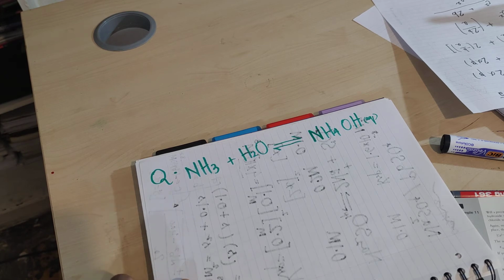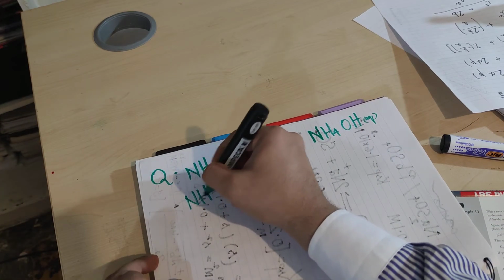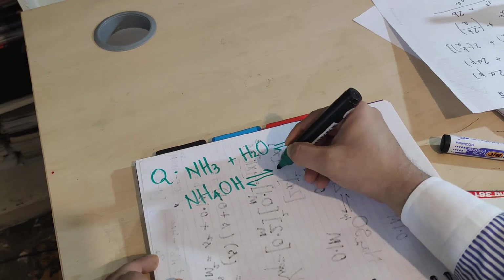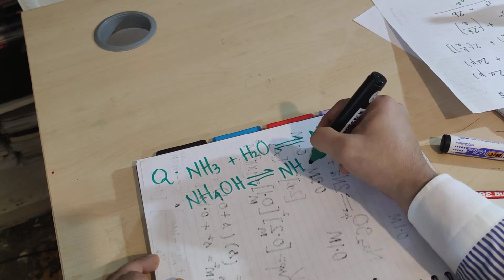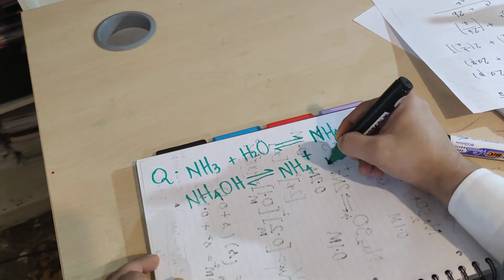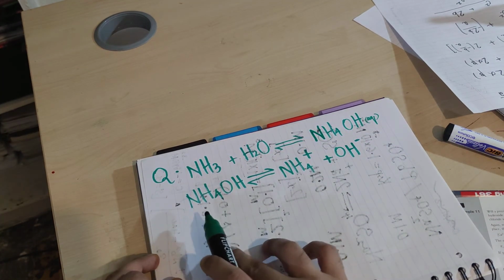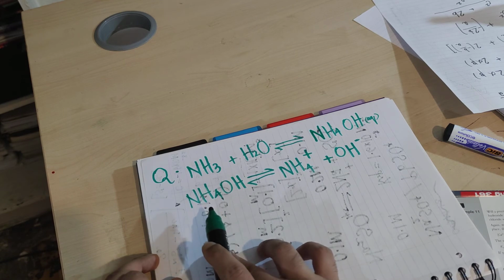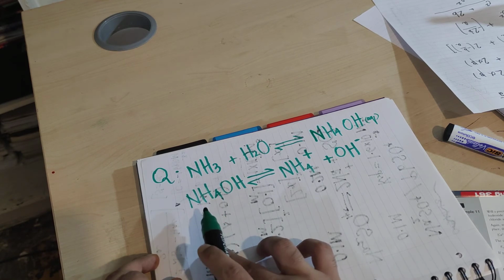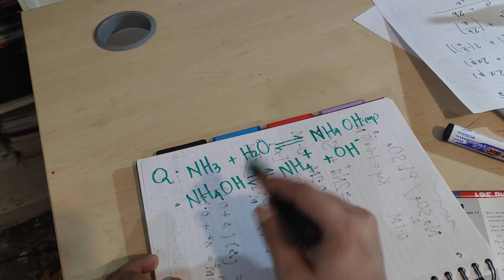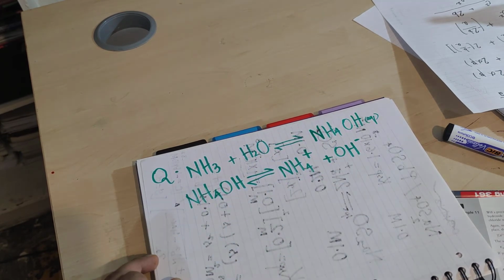That doesn't make any sense, but if you dissociate ammonia again ionically, it would be NH4 plus ammonium ions and OH minus ions. And so if it's 1 mole here, it should be 1 mole here, but it's not.